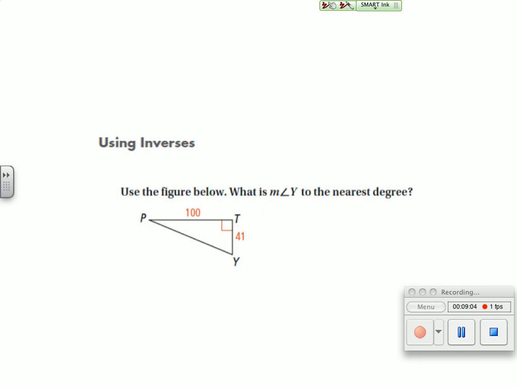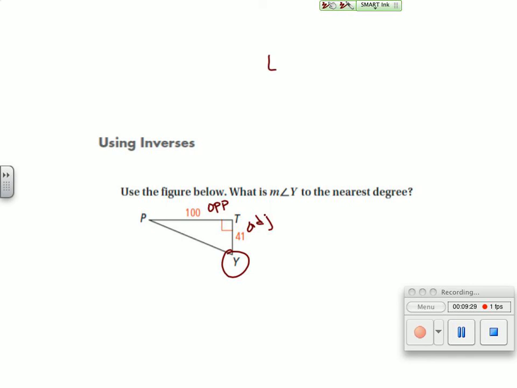All right, using inverses. We want to use the figure below to find the measure of angle Y. Okay, I know this is angle Y, and I know the side opposite, and I know the side adjacent. So I know the leg opposite and the leg adjacent. So when I have opposite and adjacent, I think tangent.